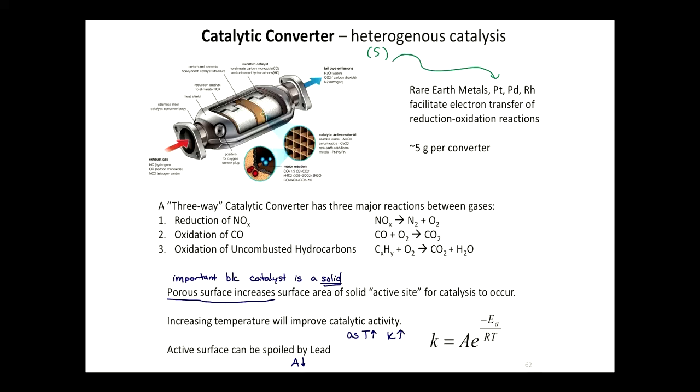So after the EPA passed many acts to reduce car emissions, that's where catalytic converters became very important. But what you see here is that the catalytic converter contains about 5 grams of platinum, palladium, rhodium, really expensive rare earth metals.